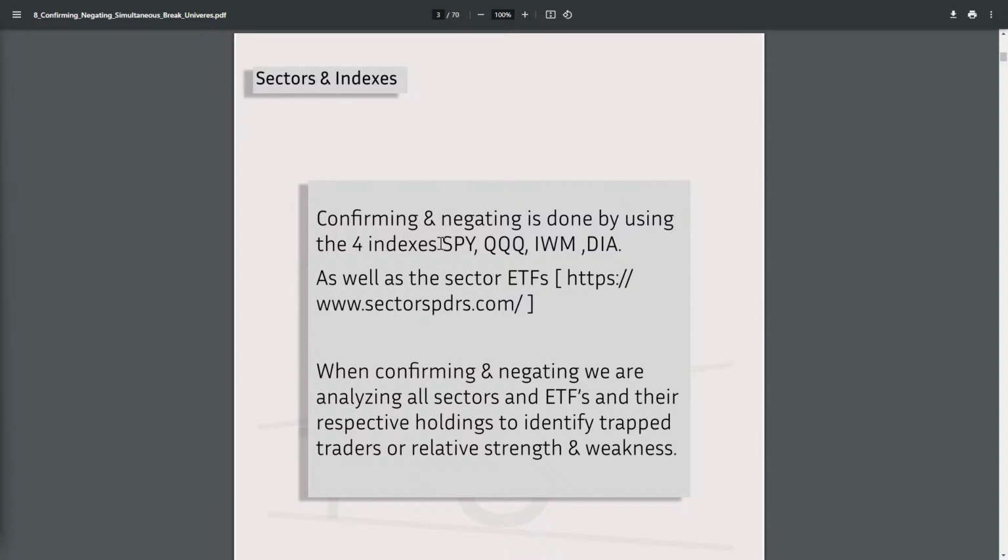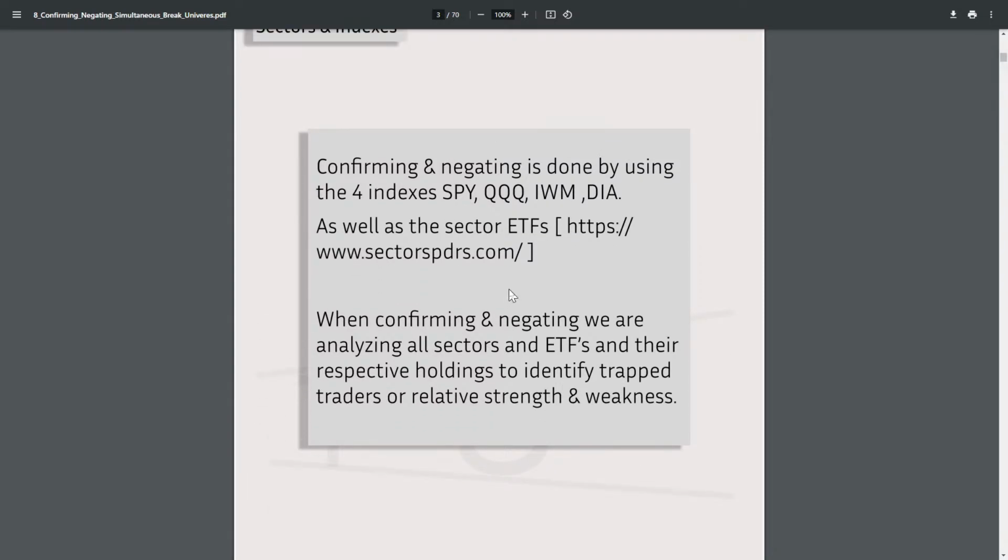And I actually have a futures layout with all the futures on my 4-chart layout so I can see what they are simultaneously doing all at once, which is helpful because we like market correlations, as well as the sector ETFs, which Alex has a link here. I'm not sure if it's clickable. Oh, yep, I think it is.